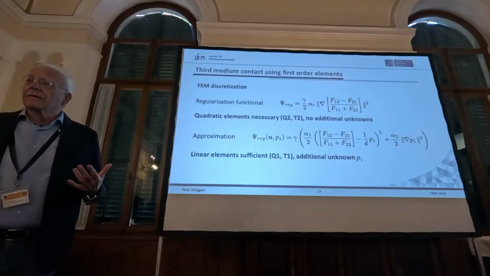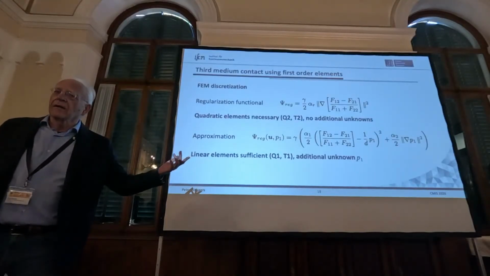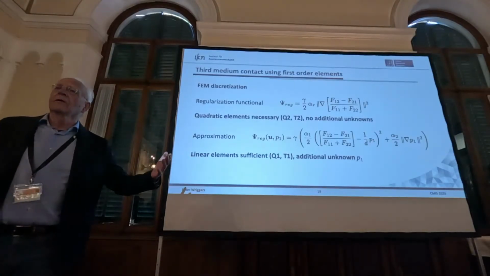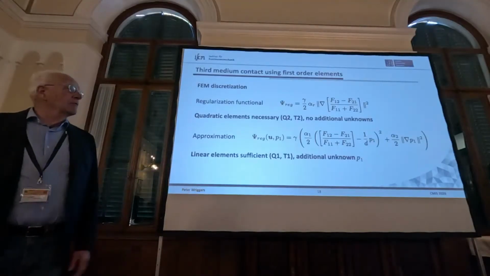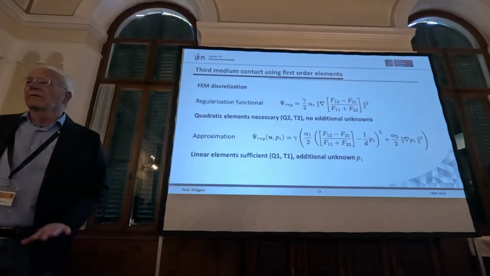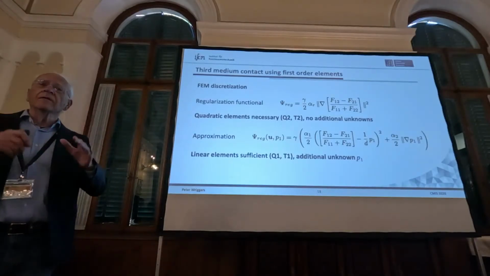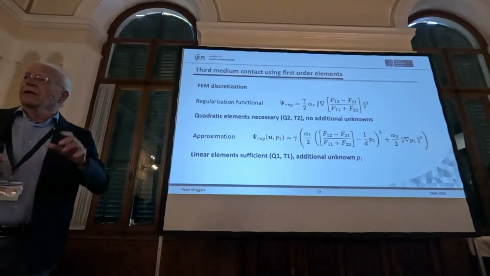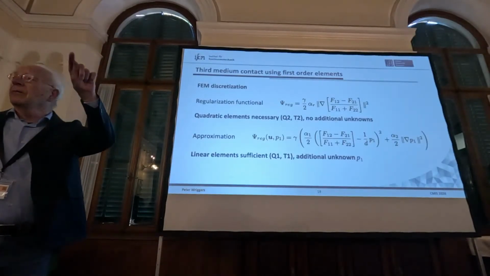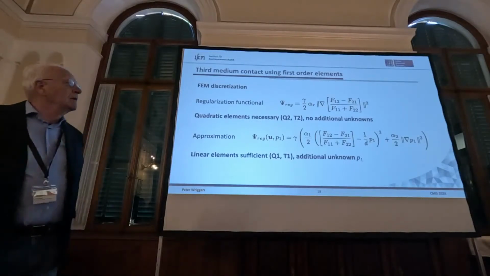Now, the idea which we had then, that was our other paper, what do you do for linear elements? For linear elements, you can follow different paths. You can approximate somehow the gradient by looking around the element and picking up the stuff.